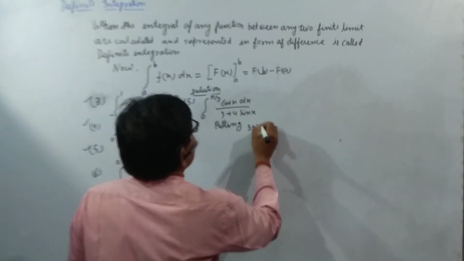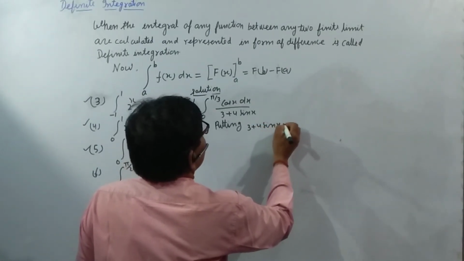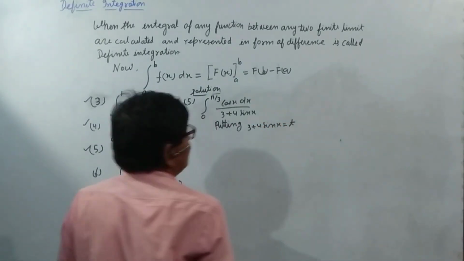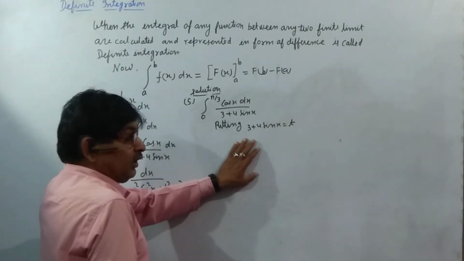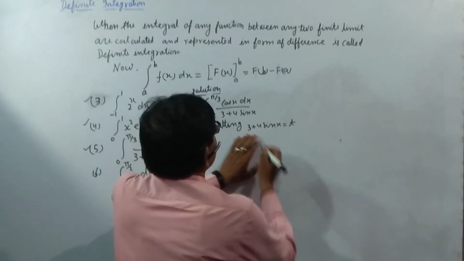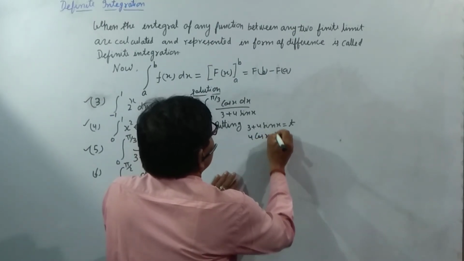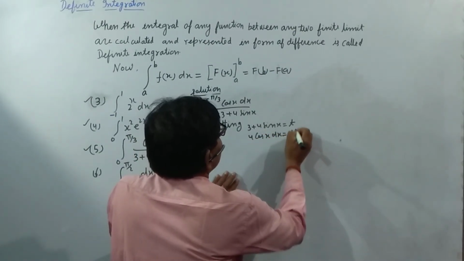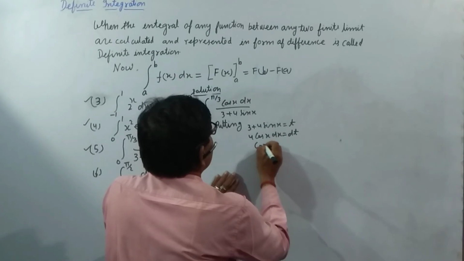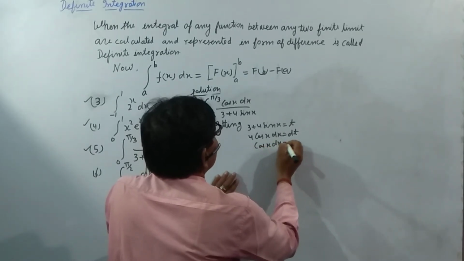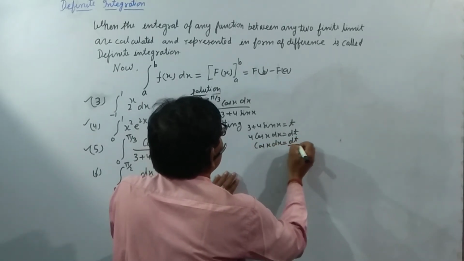Putting 3 plus 4 sin x equal to t, differentiating with respect to x, we get 4 cos x dx equal to dt. It means cos x dx equals dt by 4.